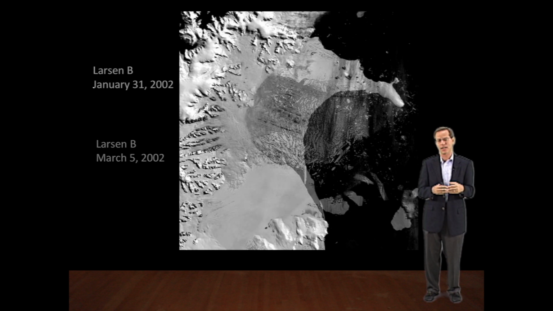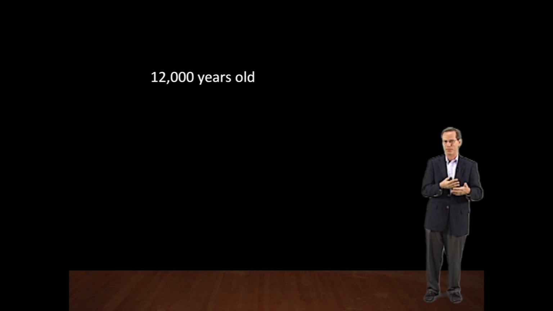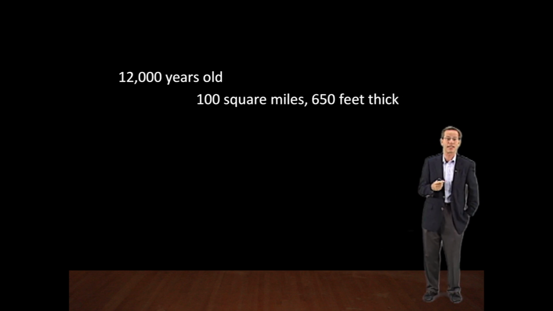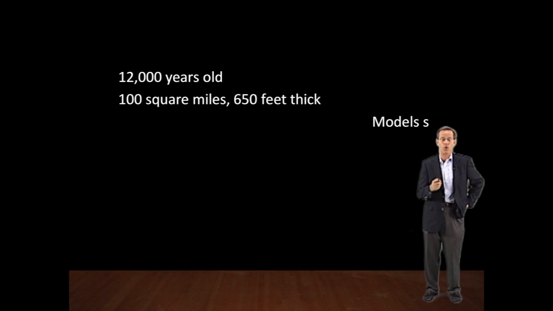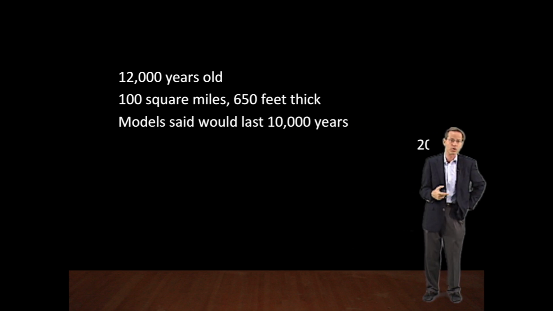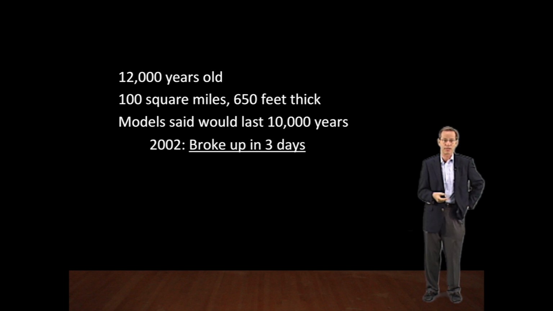That ice shelf in the Antarctic was some 12,000 years old, 100 square miles, and 650 feet thick. So think about what we're talking about. That little picture here on the video doesn't do it justice. The model said it would last some 10,000 years, but in fact, it broke up in 3 days in 2002. And it was a cork holding back an awful lot of land-based ice. And that cork is now out of the bottle.